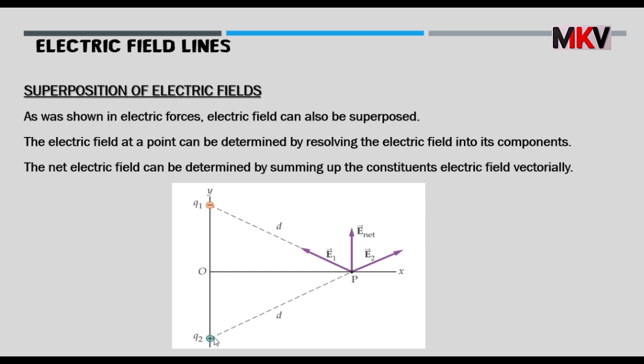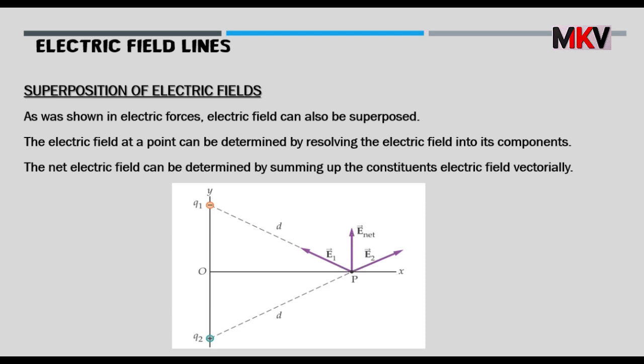You are supposed to note that. With this, we resolve the electric field along the imaginary x-axis to get our net electric field. So we find the x component of E1, then the y component of E1, then the x component of E2, then the y component of E2 to give us the net electric field.